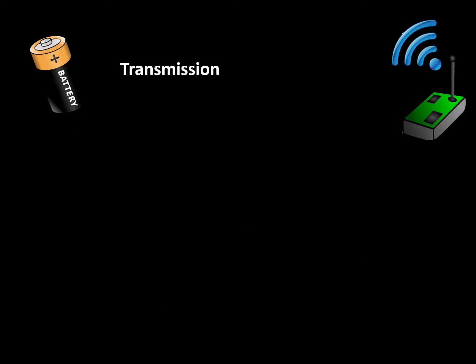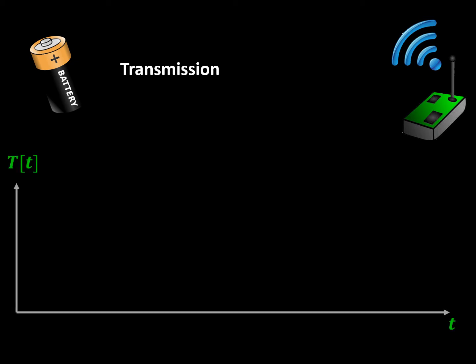The last operation that is taking place on the sensing unit is that of the transmission of the recorded data. Now let us represent this by the variable capital T, and the form of capital T is as visible right now on the screen.